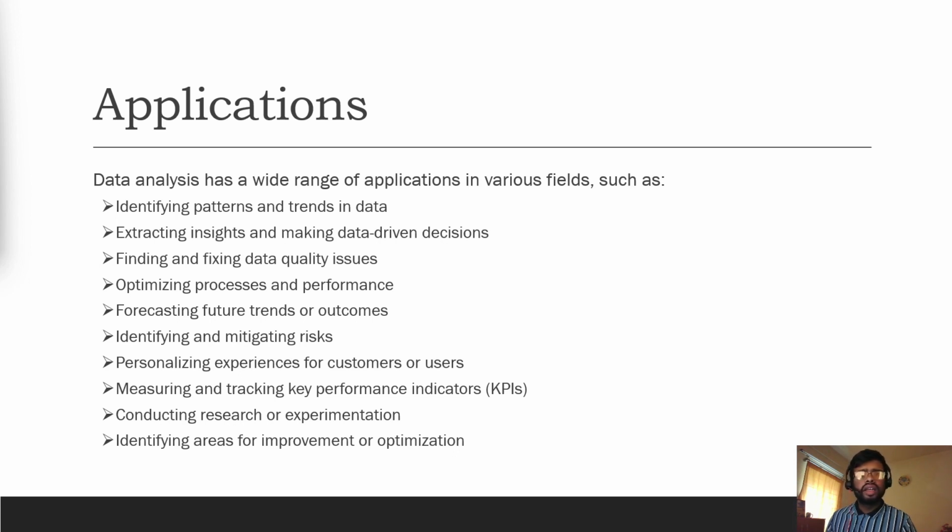And data analysis is also used for conducting research. So there might be a large survey data which might need a lot of processing as well. So data analysis will come handy over there. And many surveys and other such user input can be used to improve and optimize business processes. So data analysis is a very good tool over there.